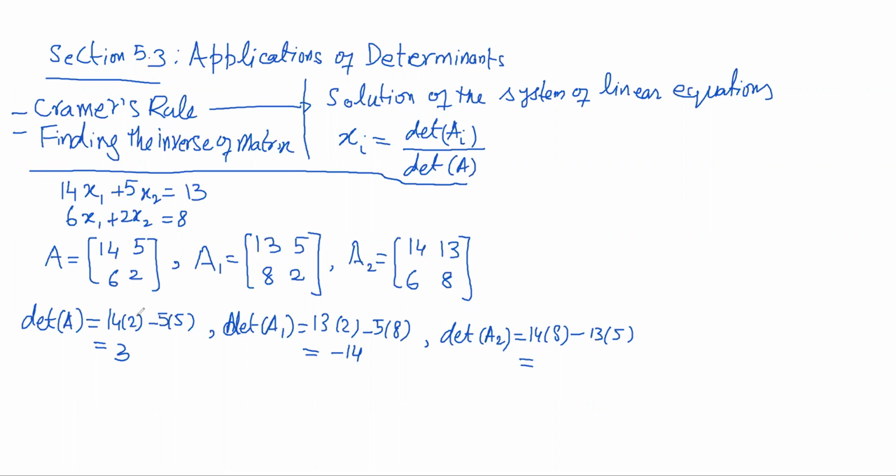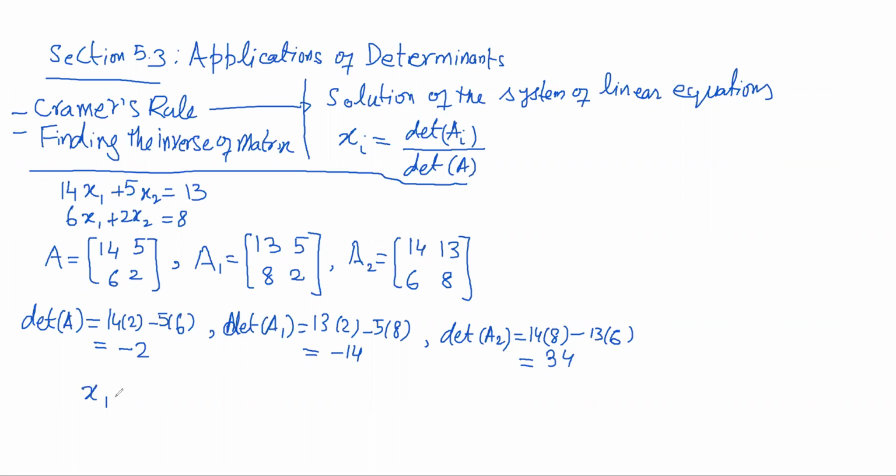Now it will be 14 times 2 minus 5 times 6, so it will be minus 2. Yeah, minus 14, and then here 14 times 8 minus 13 times 6. So how much will it be? 37, or 34. Sorry, 34. So it will be 34.